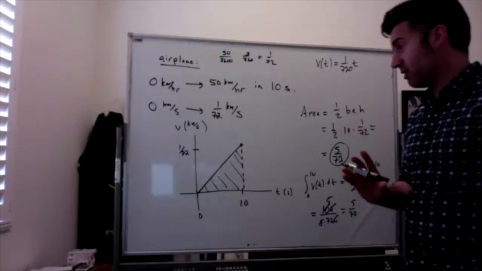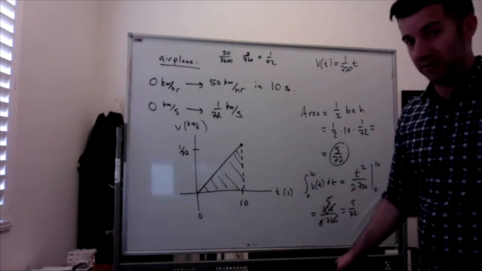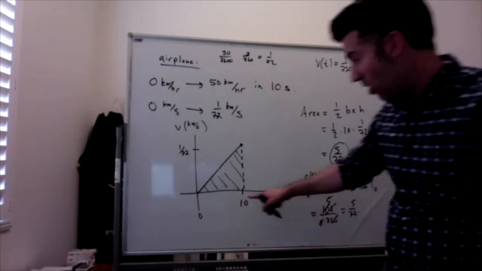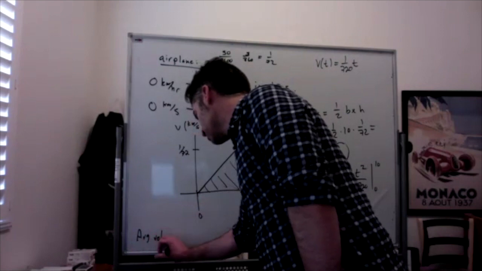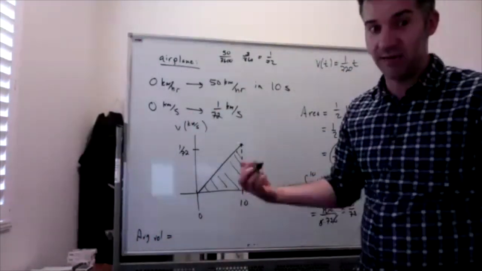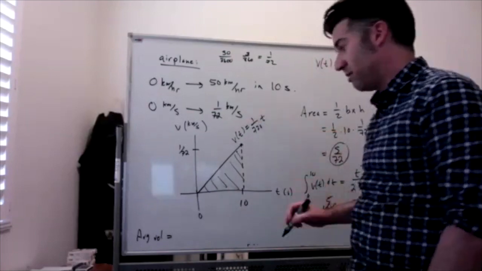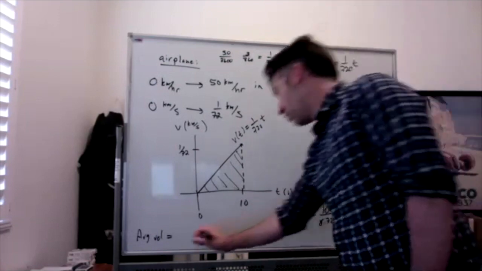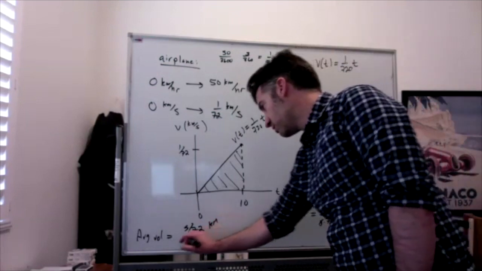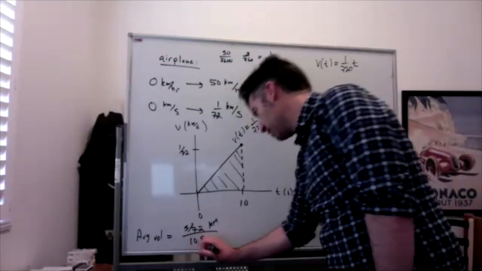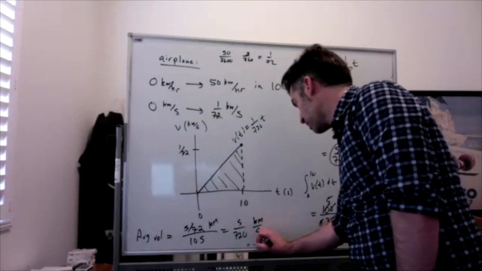So if I wanted to find the average velocity, I could take the distance I traveled, 5 over 72 kilometers, and divide it by how long it took me, 10 seconds. My average velocity, which is the average value of this velocity function, V of t equals 1 over 720 t, is 5 over 72 kilometers divided by 10 seconds, which is exactly 5 over 720 kilometers per second.